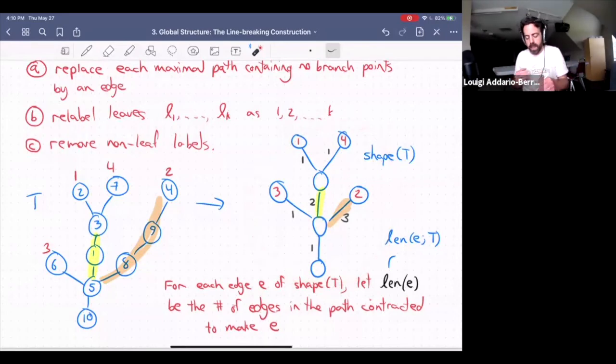Because if we only take k sampled leaves and let n become large, the shape remains a finite combinatorial tree, and we can ask what's the distribution of that shape. Okay, and then along with the shape, what is the distribution of these edge lengths? And that's something that has a hope of converging, right?